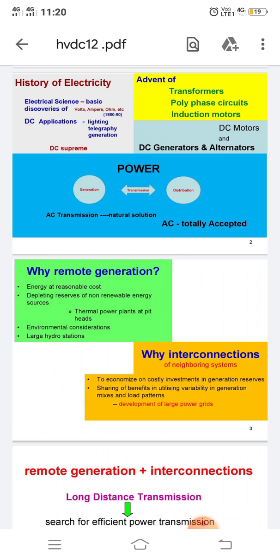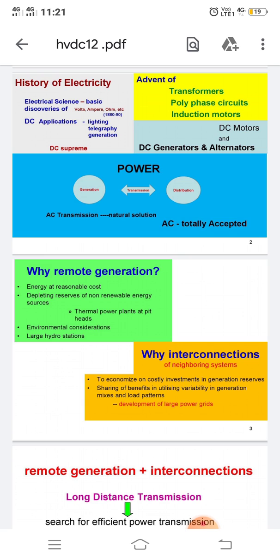Then large hydro stations are invariably at a distance of hundreds of kilometers from the load center. The need to economize on costly investment in generation reserves, and the sharing of benefits in utilizing variability in generation mixes, that means load patterns, has given rise to interconnection of neighboring systems and the development of large power grids.